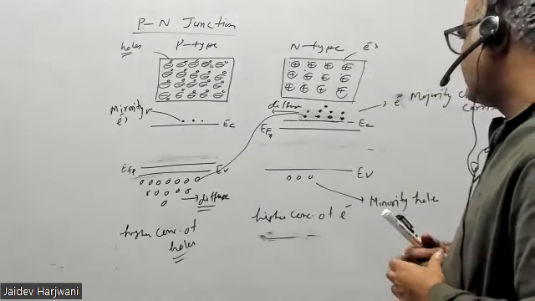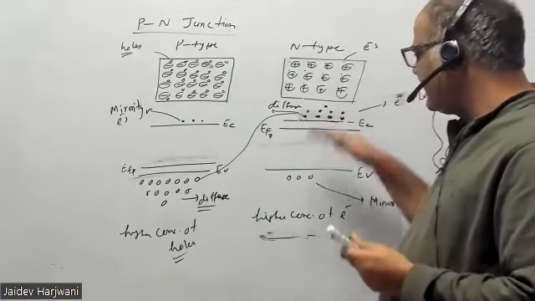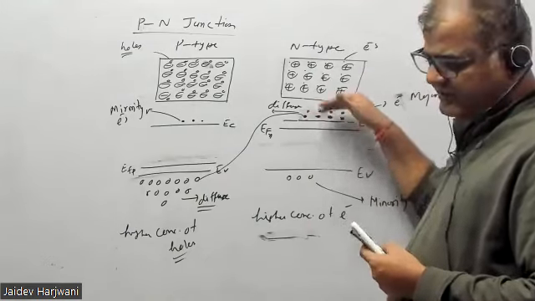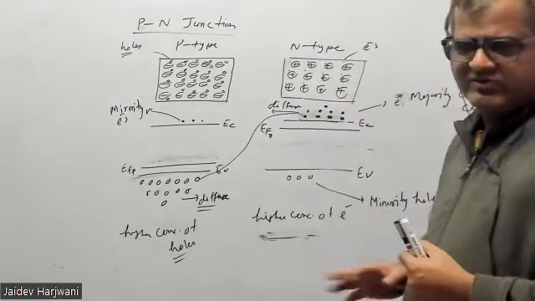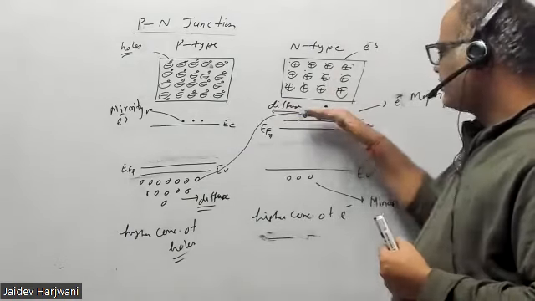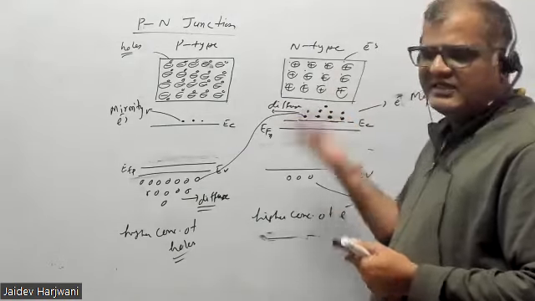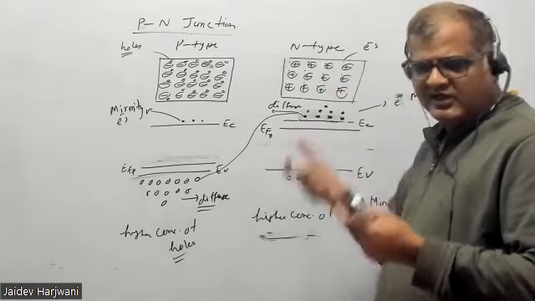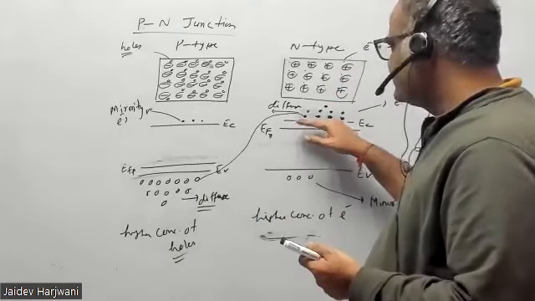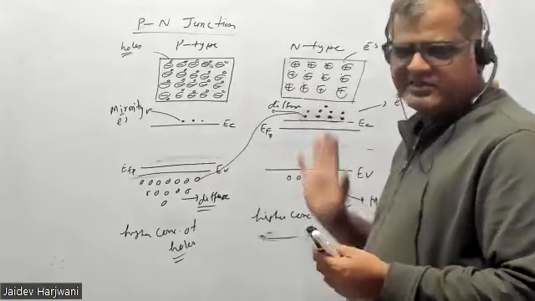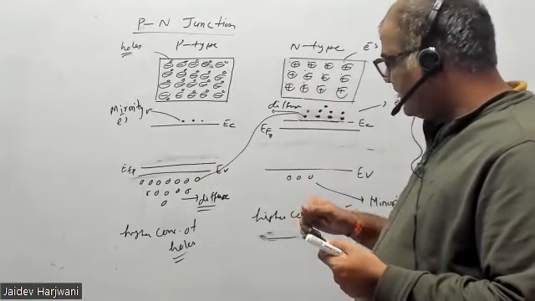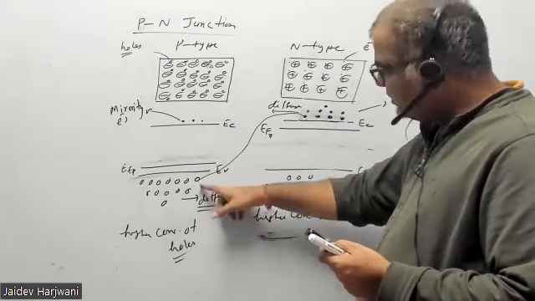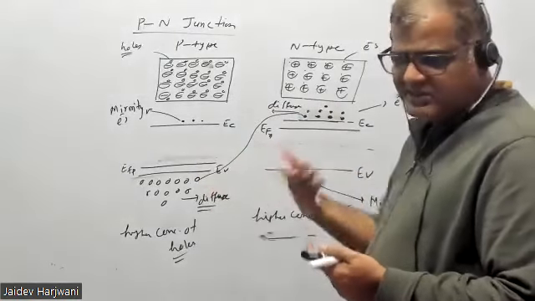Now, these are the energy levels of electrons, not holes. Electrons can move very easily without any electric field or force if they go from a higher energy level to a lower energy level. Holes can also move from here to here, it's the opposite thing.